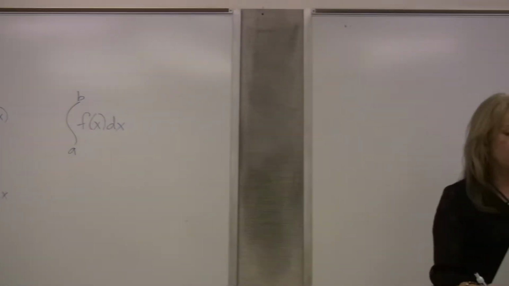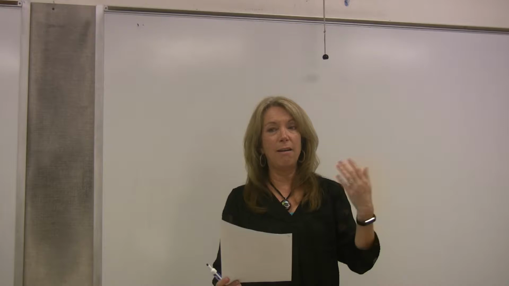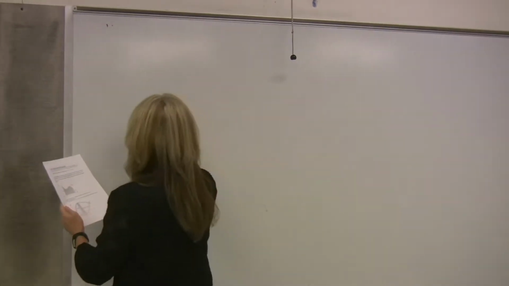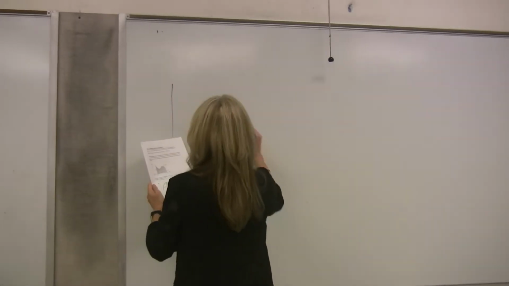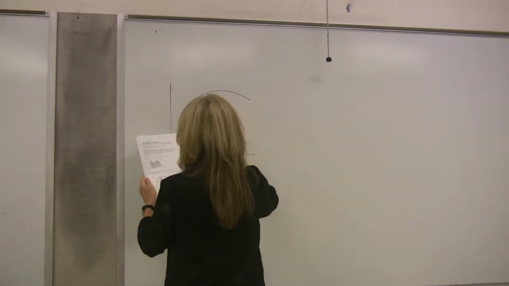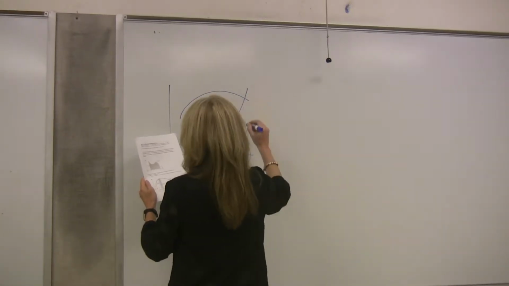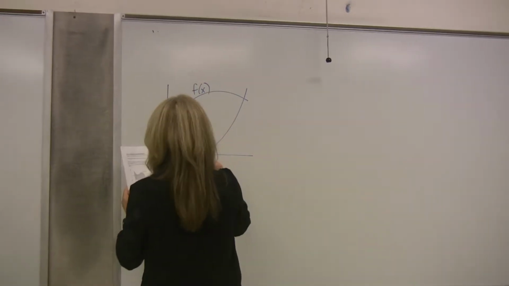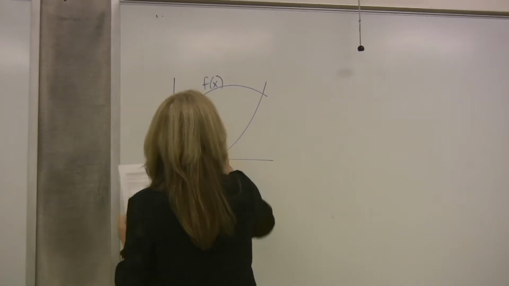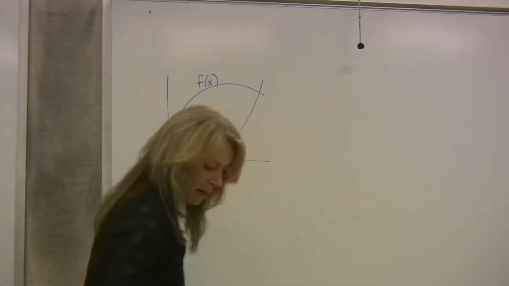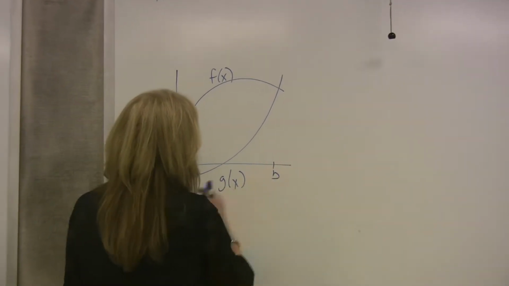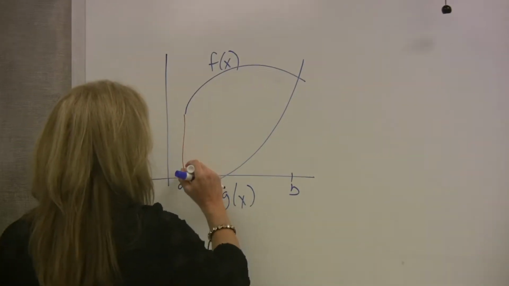You saw that before? Okay, so now we're going to move into the area between two curves, maybe similar to the one I have there at the bottom of the page, which looks something like this. I am not an artist, but I'm going to try to recreate it. So this top one is f of x, and this bottom one is g of x. And I want to find the area, again, starting at A and stopping at B, the area between these curves.